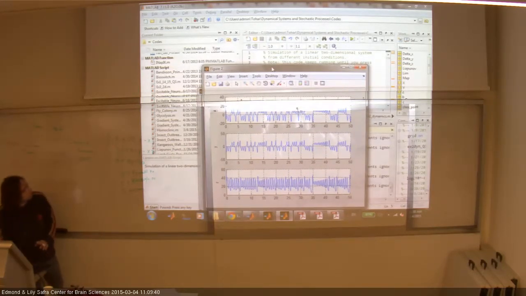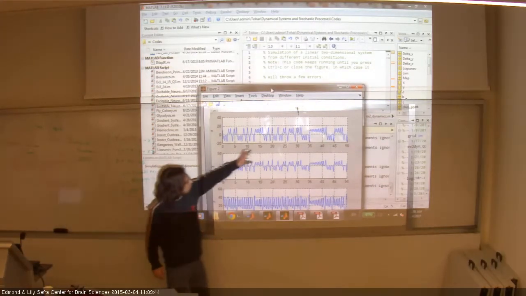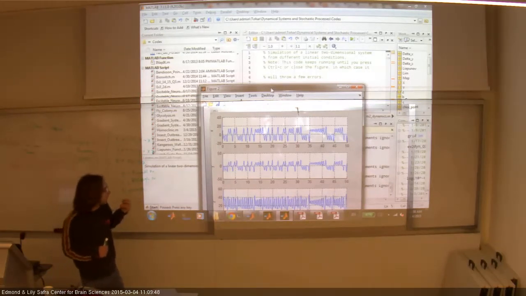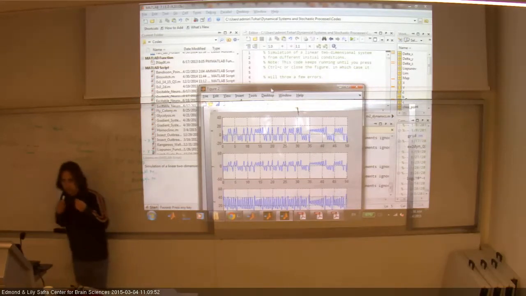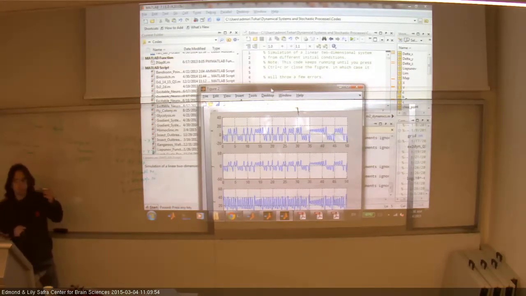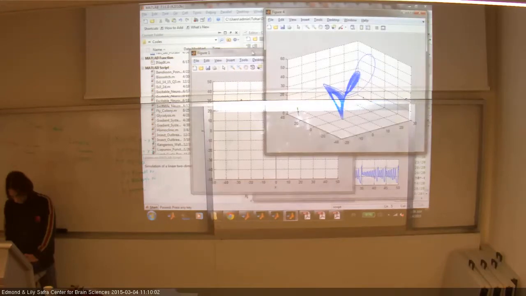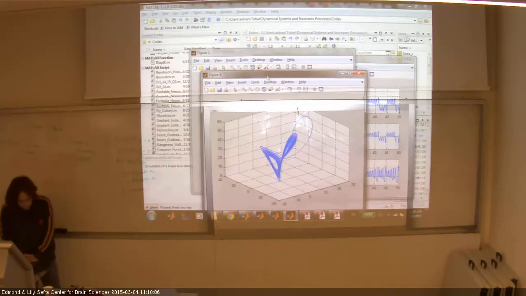It turned out that these outputs of the system are not in fact periodic. They do not settle to any fixed point or limit cycle, at least for this parameter range. And when we draw this in 3D, we get this famous butterfly shape.